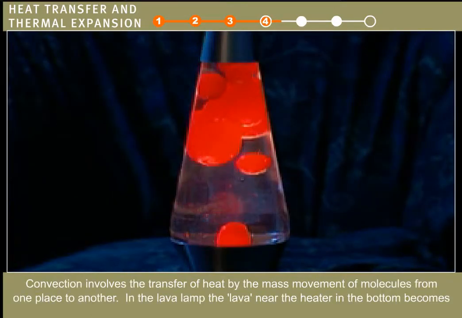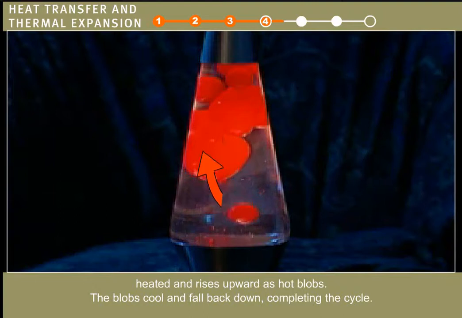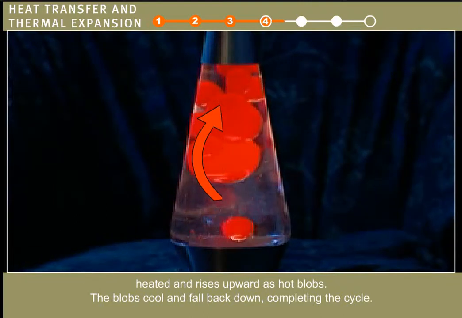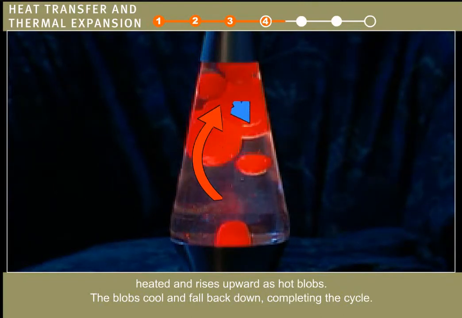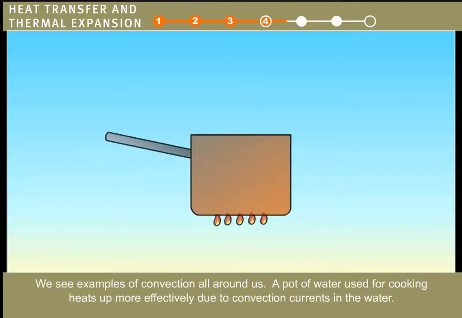Convection involves the transfer of heat by the mass movement of molecules from one place to another. In the lava lamp, the lava near the heater in the bottom becomes heated and rises upward as hot blobs. The blobs cool and fall back down, completing the cycle. We see examples of convection all around us.